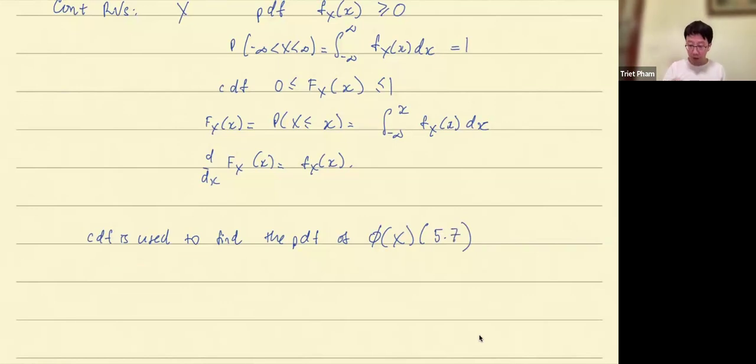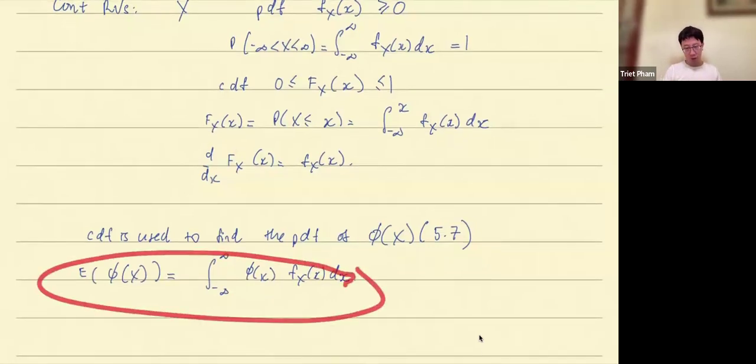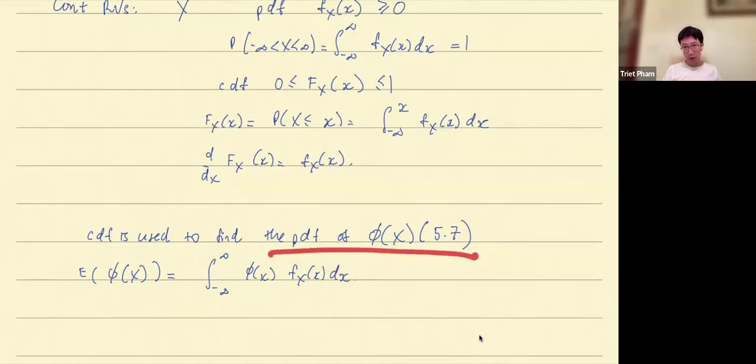Let's talk about the other result concerning a function of random variable x, which is expectation. The expectation of a function of random variable x is the integral of that function times the density. I emphasize that this is a much easier result than finding the PDF.